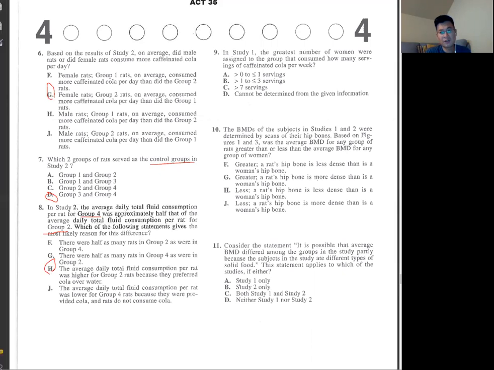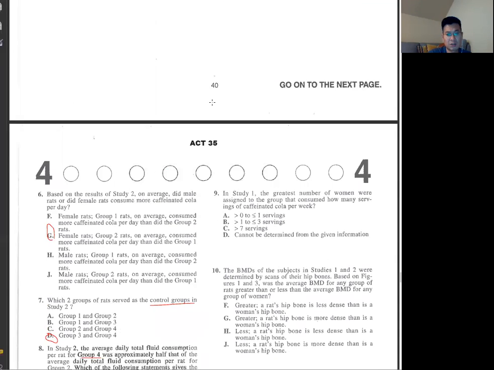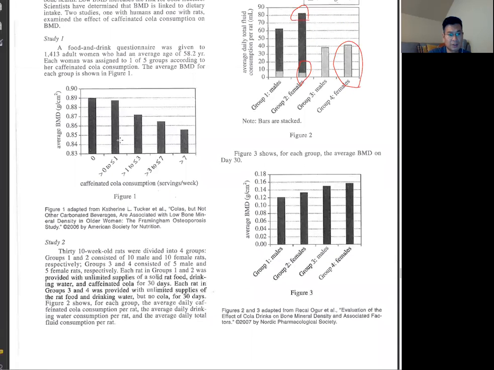So a lot of times you can use common sense on the science section, because most of the time it makes sense. And then number 9, study 1, the greatest number of women were assigned to the group that consumed how many servings of caffeinated cola per week. So you go to study 1, and figure 1 has the x-axis caffeinated cola consumption, servings per week.